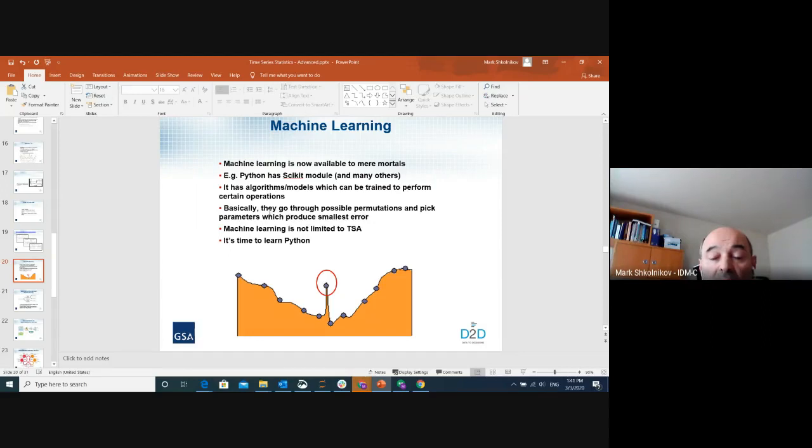So just a few words on how machine learning works. There are algorithms that are already packaged in these modules, and scikit is one of them. And these algorithms can be trained. So you use some data to train the algorithm to perform certain operations, and what the algorithm returns to you is a model.